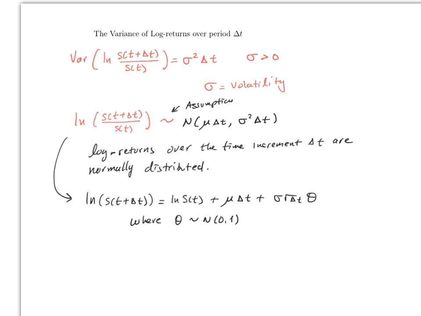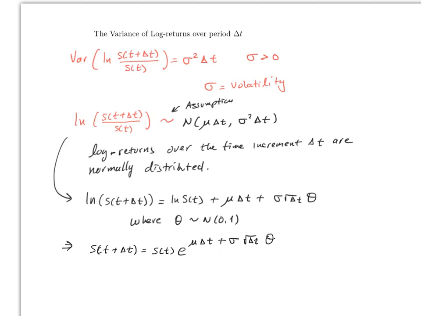Also notice that if this is the case, then this implies that S(t + Δt) can be written as S(t) e to the μΔt plus σ the square root of Δt times θ.